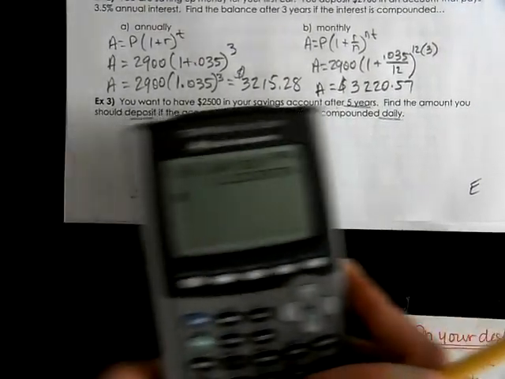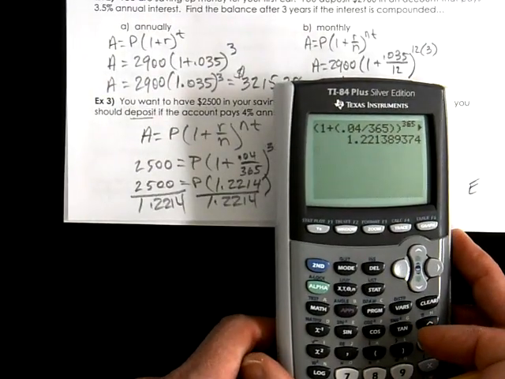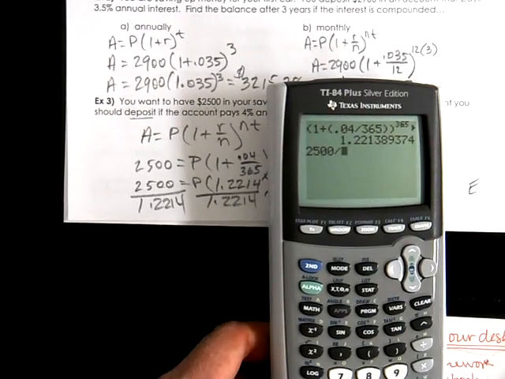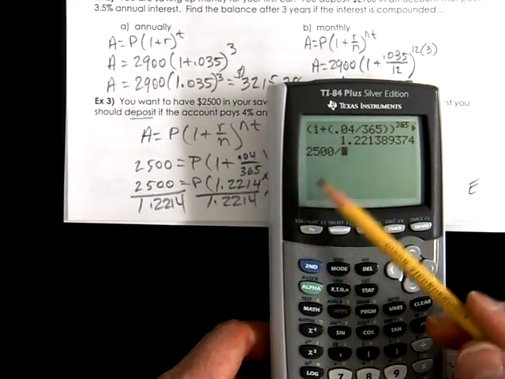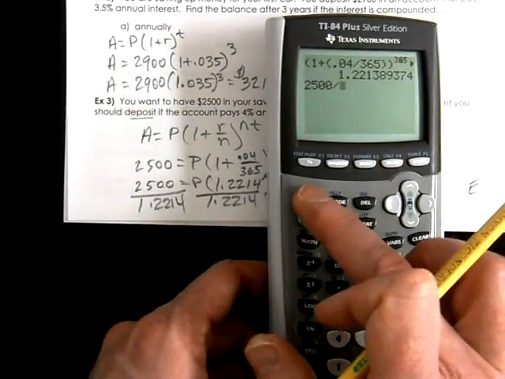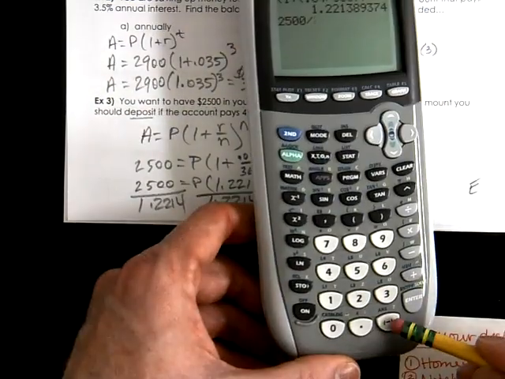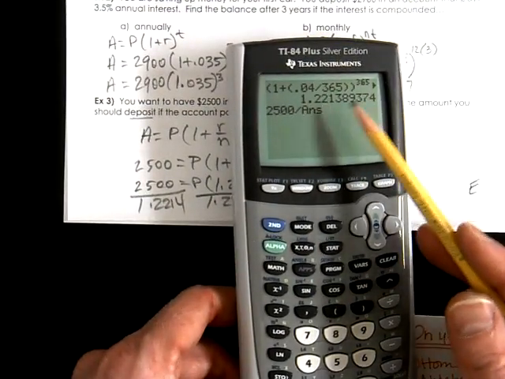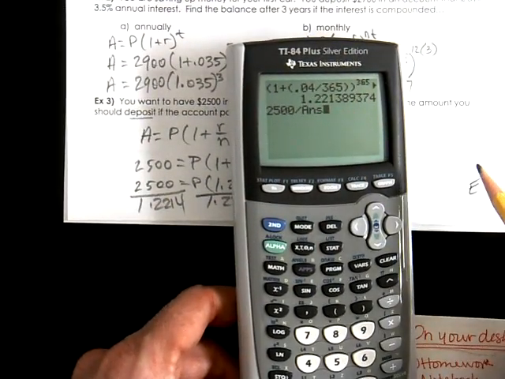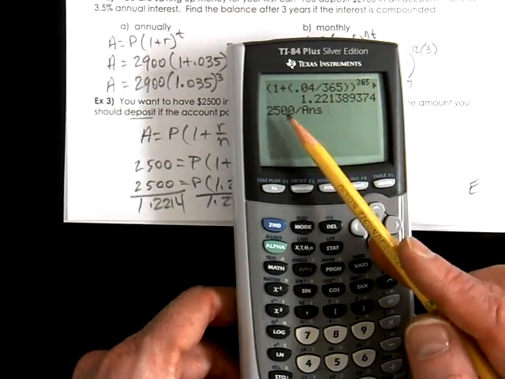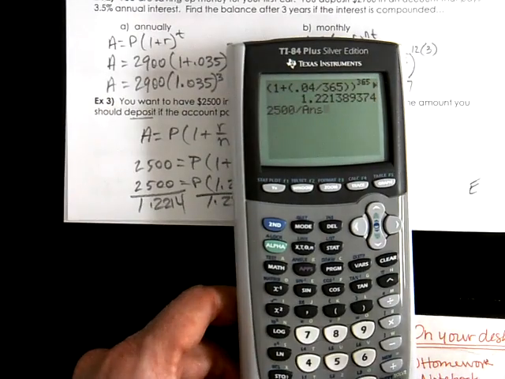But the accuracy comes with your calculator. So we're going to take the 2500 and we're going to divide. Don't put down 1.2214. Put down second and the ANS button, the previous answer needs to go in that spot. That'll use the real value that you calculated up here and divide it into 2500.